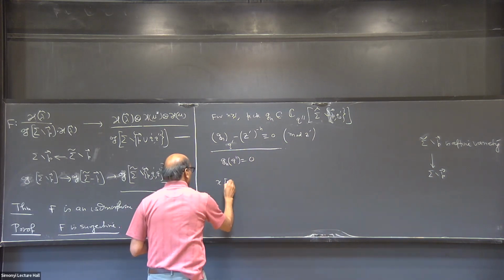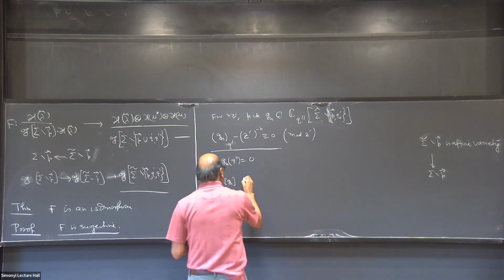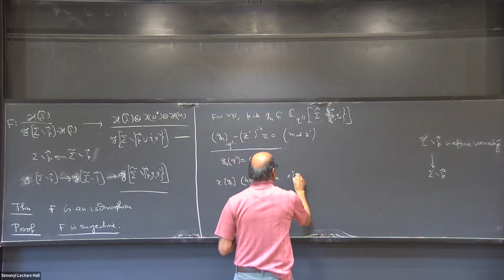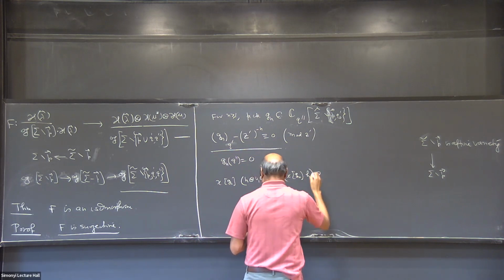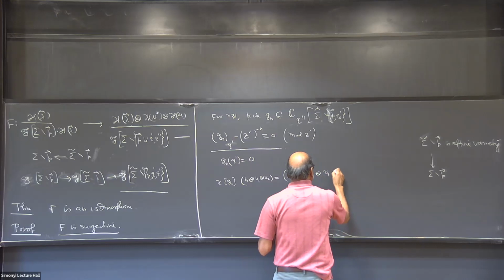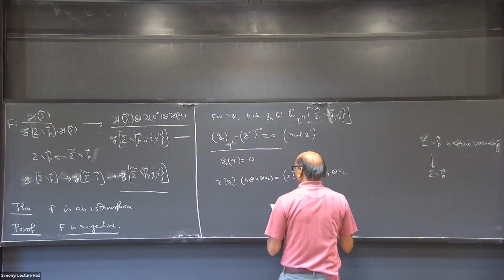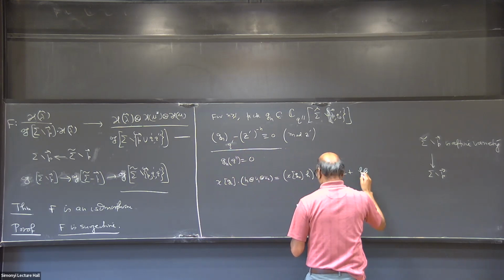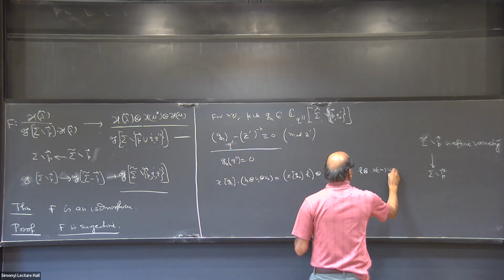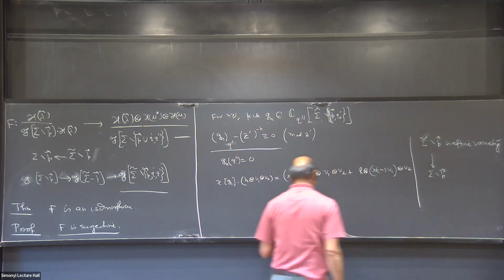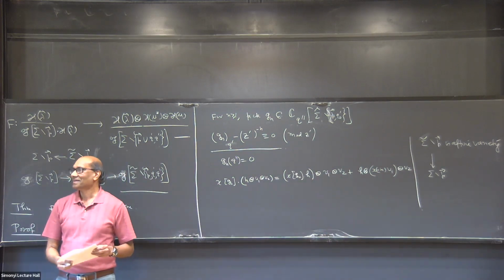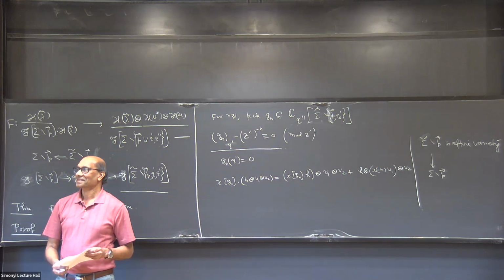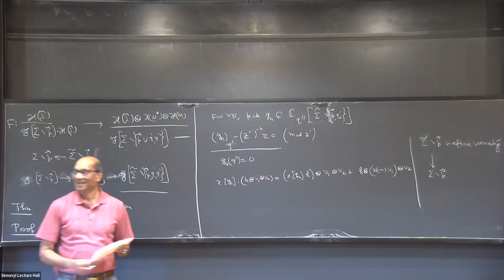Now, what is the consequence of this? Let me write it and then again I will explain. X g_n h tensor v1 tensor v2, which is X minus n v1.